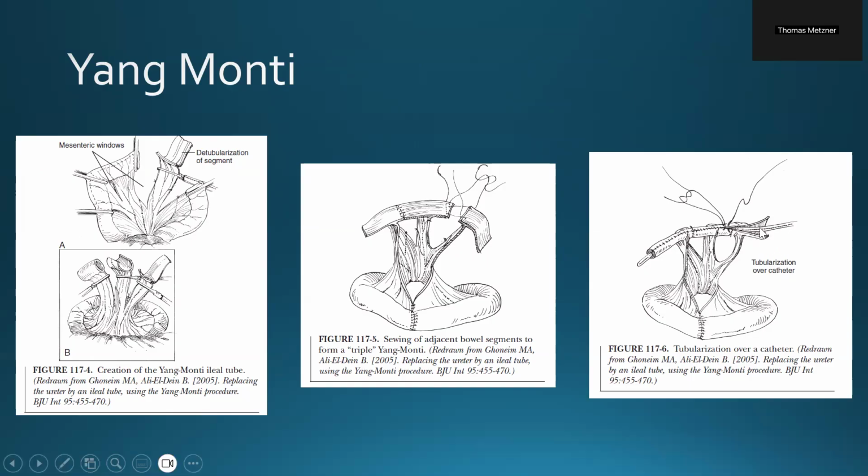And then that retubularization is performed over a ureteral stent, and the ends are anastomosed to the segments of the ureter and or the bladder in order to obtain that tension-free anastomosis.